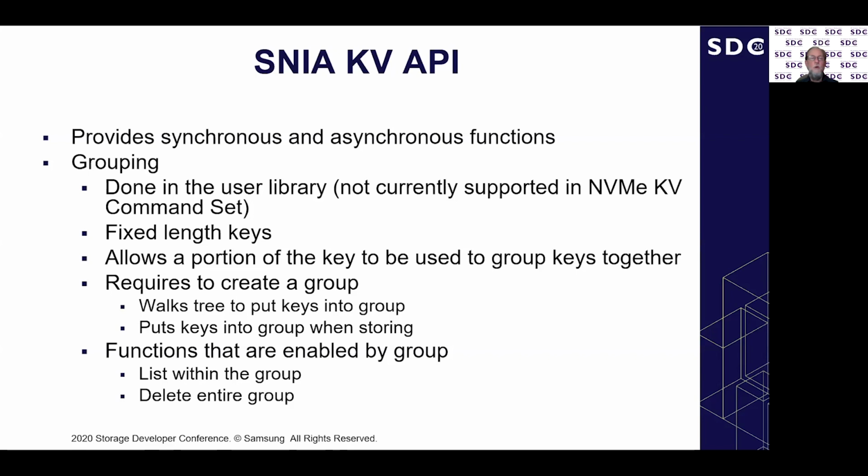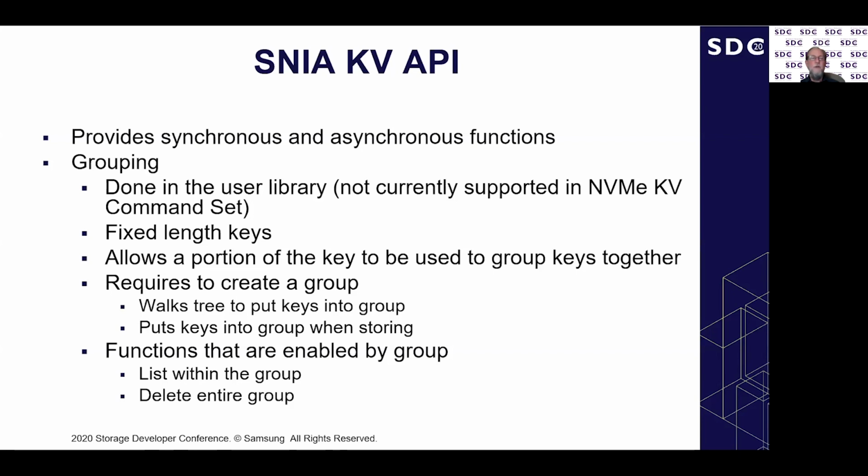Now, why do you want this? There are two specific functions that are enabled by grouping. One is you can list key value pairs that exist on the device only within the group. So this allows you to list a subset of keys, but a set of keys associated with something that you have predetermined based on the bit settings for that group field.